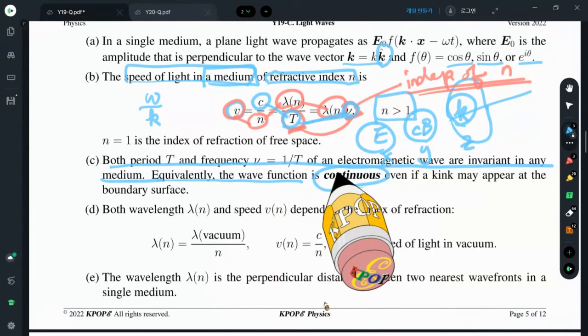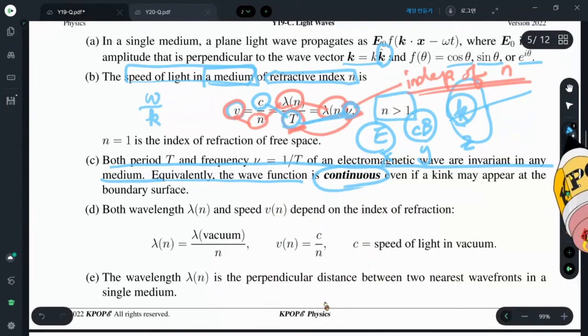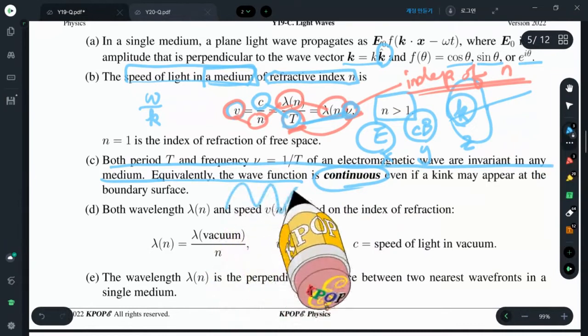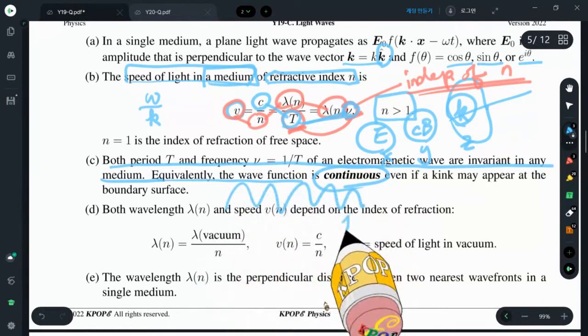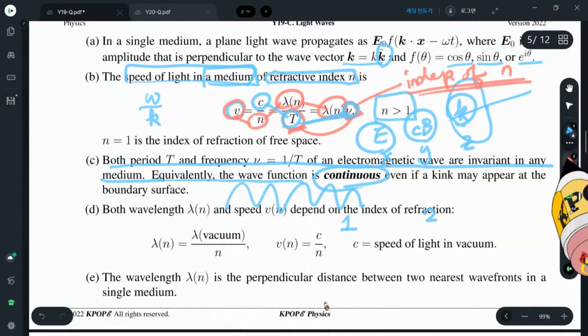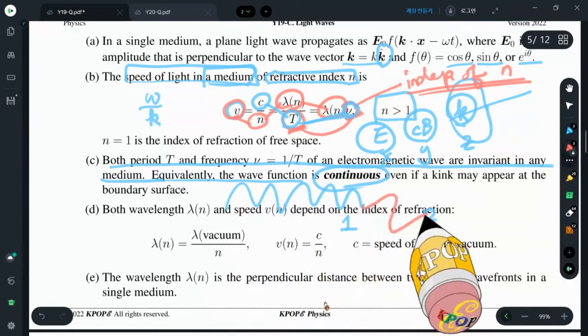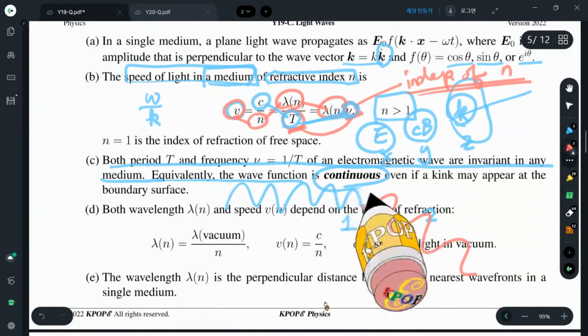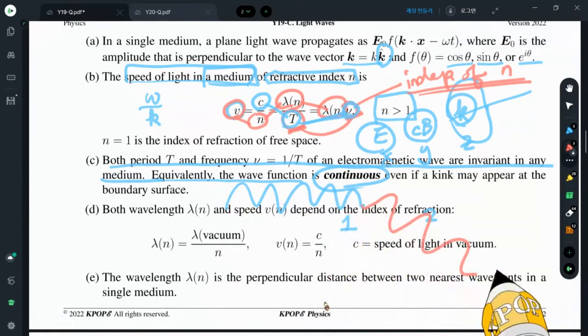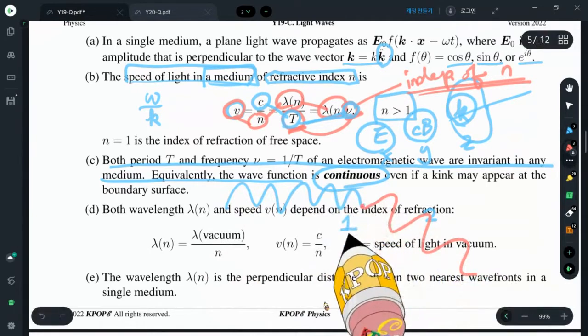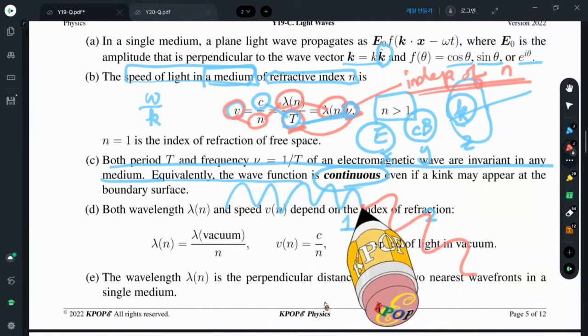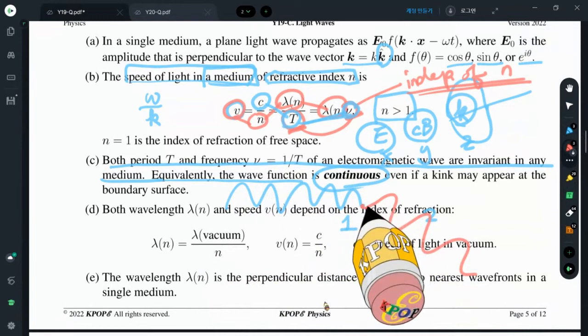For example, a light wave travels from medium 1 to medium 2. It can be deflected; refraction may appear. However, at this point the wave function is continuous.